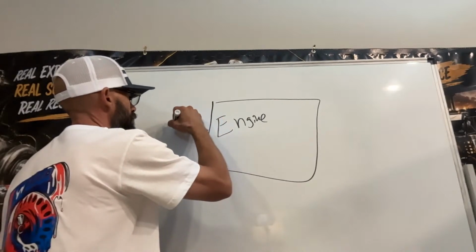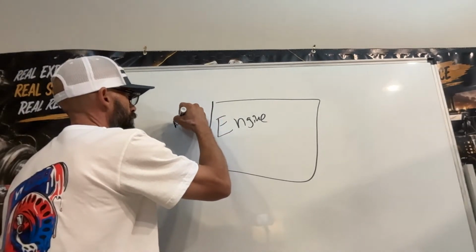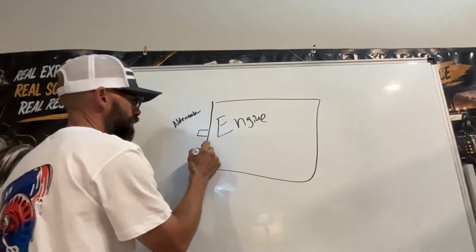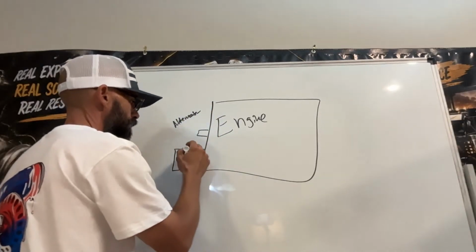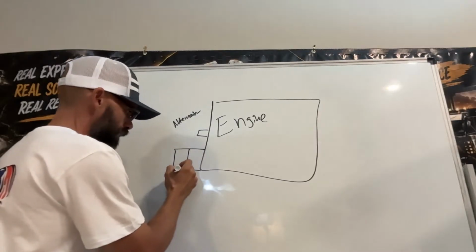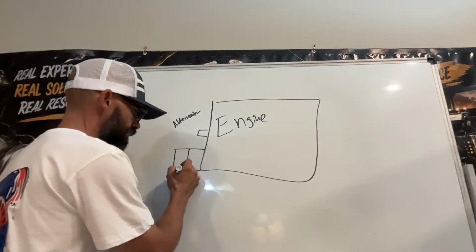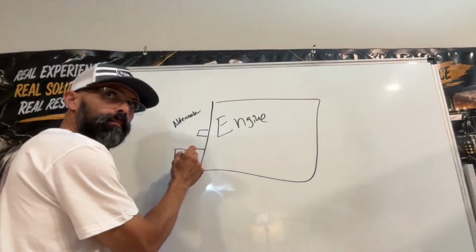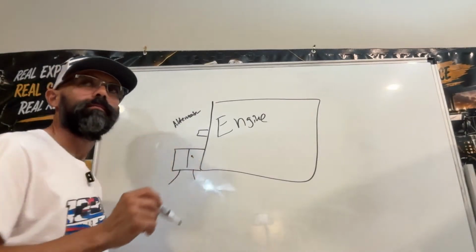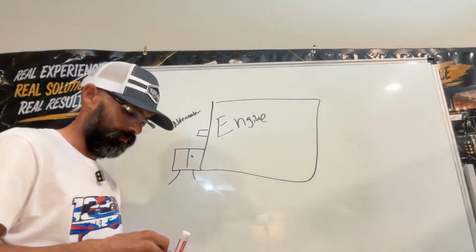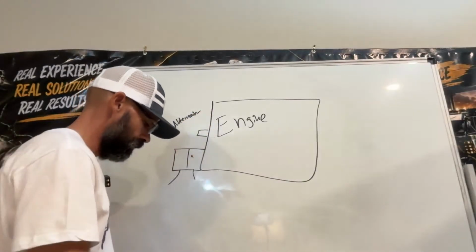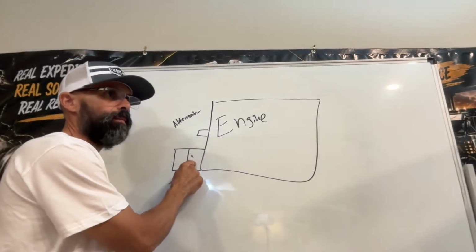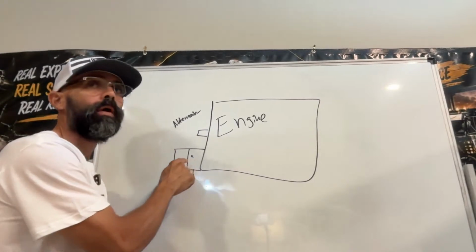Alternator, right here. You have your double section gear pump. You gotta go here. You gotta go there. You gotta go here and inspect the integrity and condition of the pump, because they do wear out.